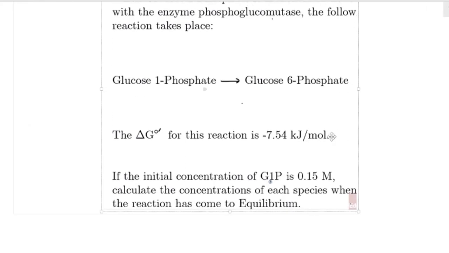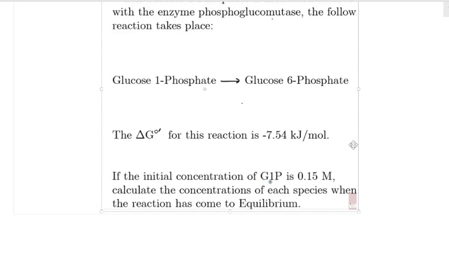The delta G for this reaction is minus 5.4 kilojoules per mole. If the initial concentration of glucose 1-phosphate is 0.15, calculate the concentration of each species when the reaction has come to equilibrium.